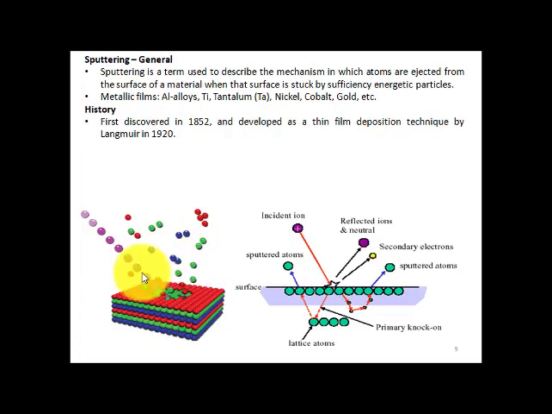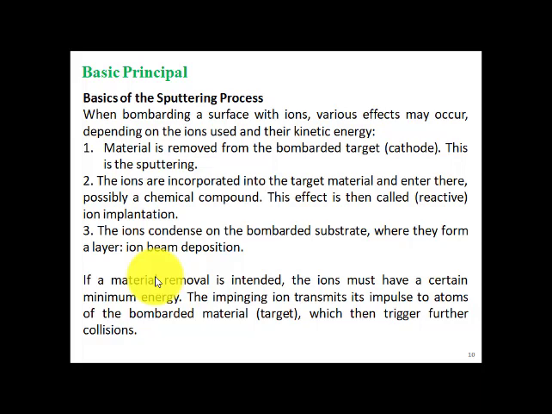This means that if we want to remove the atoms or ions from the surface of a material and we are using some incident ions, these incident ions must have a certain minimum energy which is required to remove the atoms or ions from the surface.